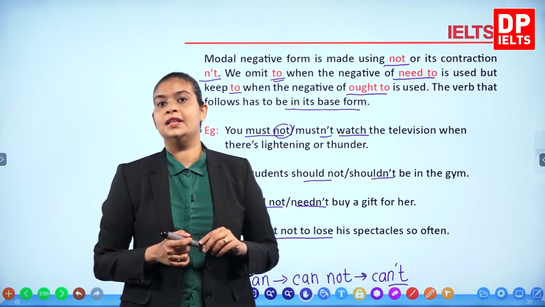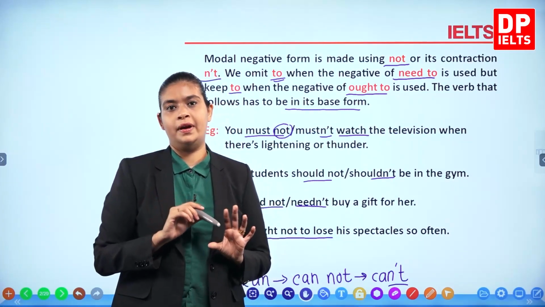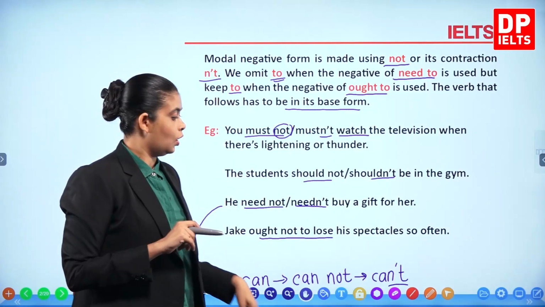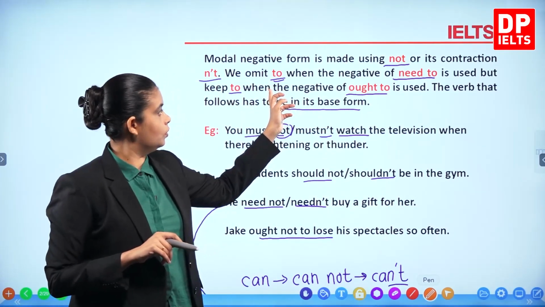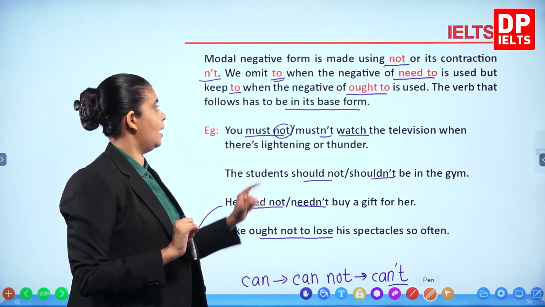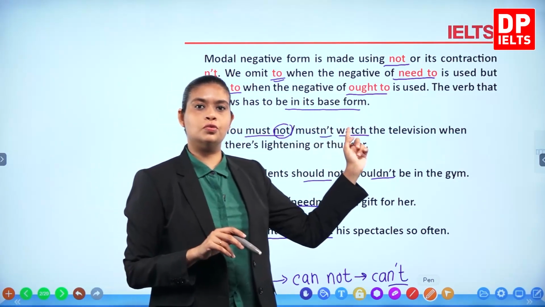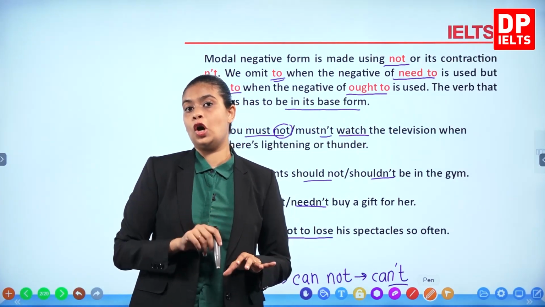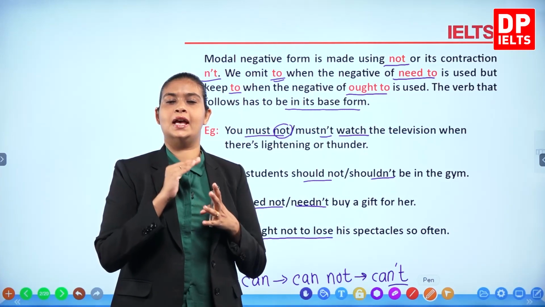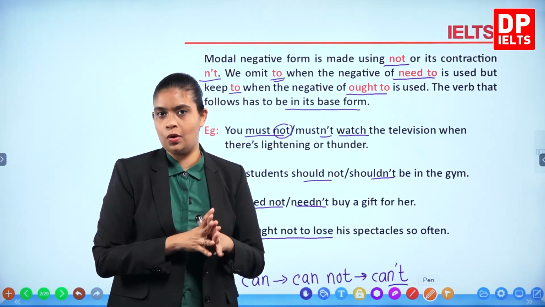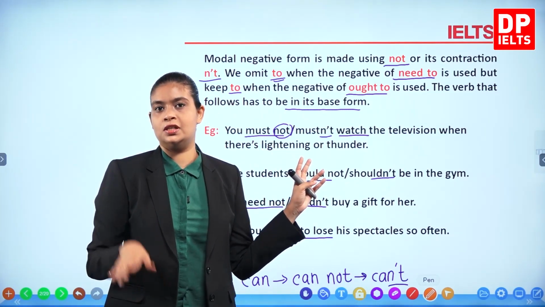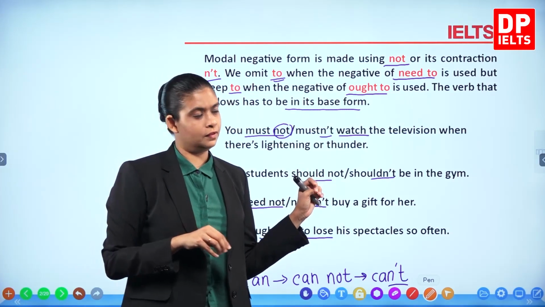The negative form is usually made by adding not or, in the contracted form, n't. We omit to when we change need to into a negative sentence. But when you write ought to in the negative form, we do not omit the to. The other fact you need to remember is that whatever verb follows remains in the base form.